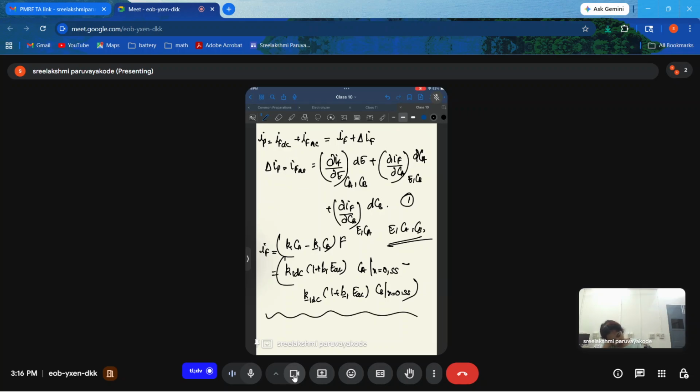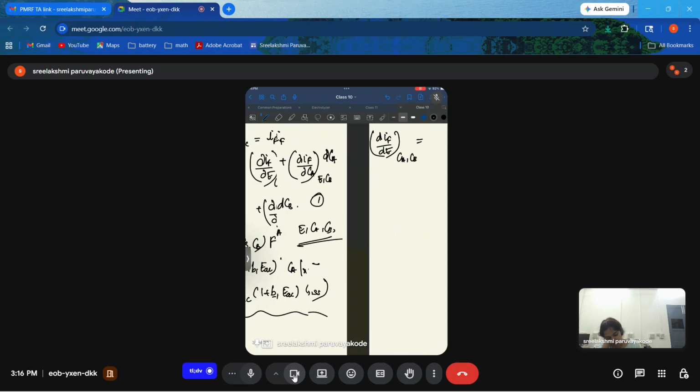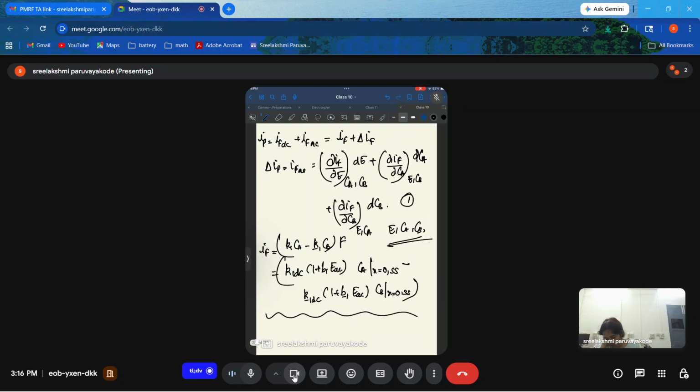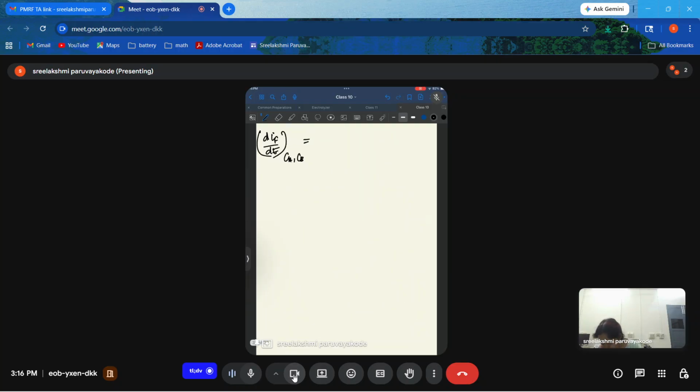I'm differentiating it with respect to CA and CB. I'll get K1 into B1 CA minus K minus 1 into CB into B minus 1, that term, right? So I'm going to write that. We have written this. Okay.